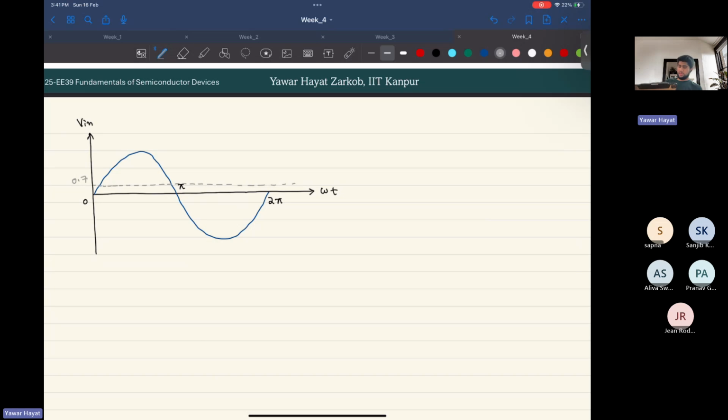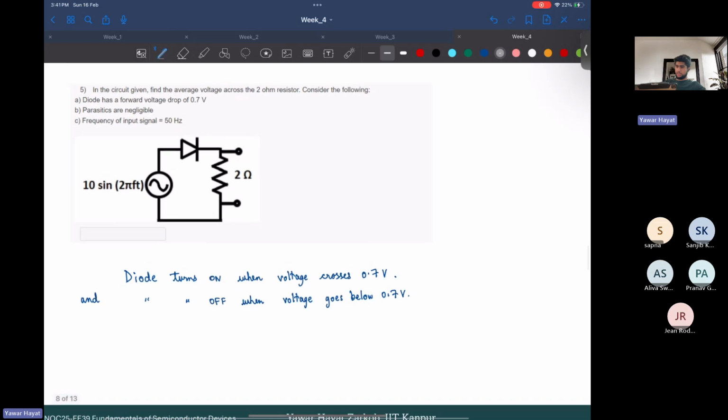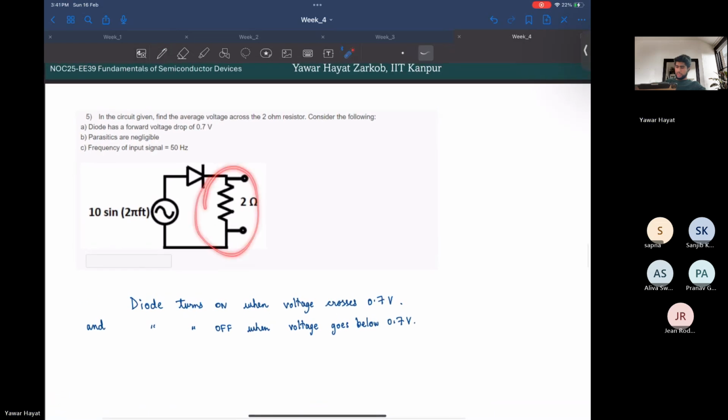Why I drew this line is because voltage values beyond this line would make the diode a short circuit, right? The diode would turn on and the voltage would be applied across your 2 ohm resistor here, right?